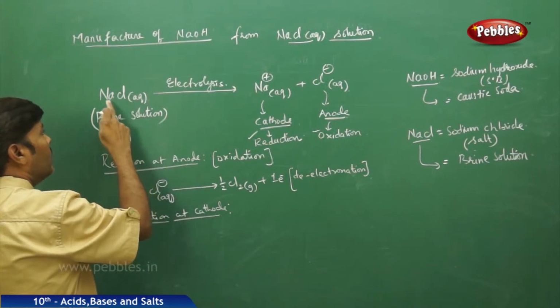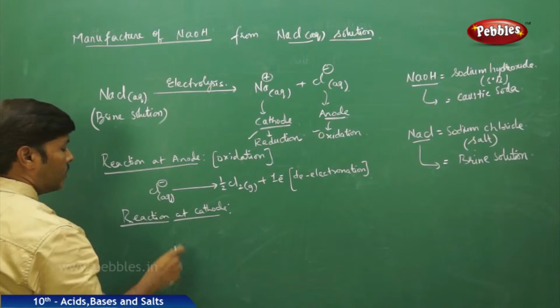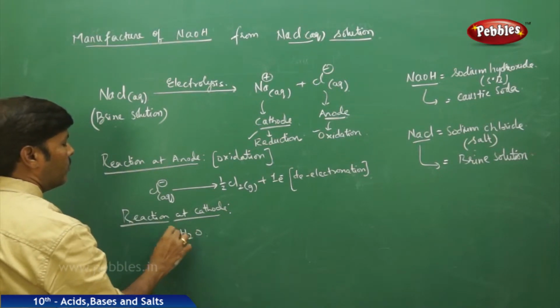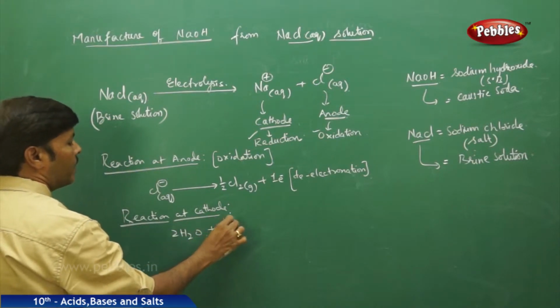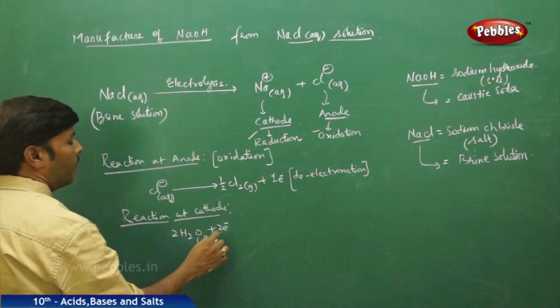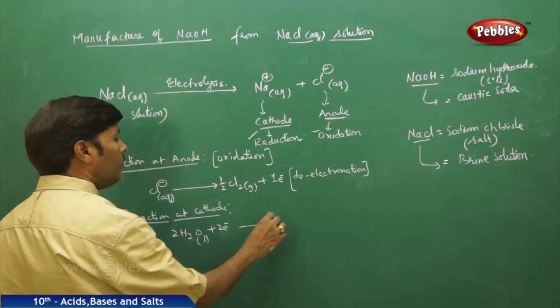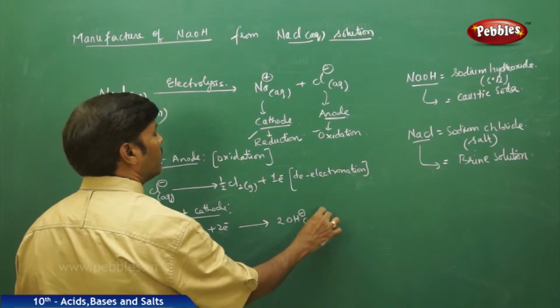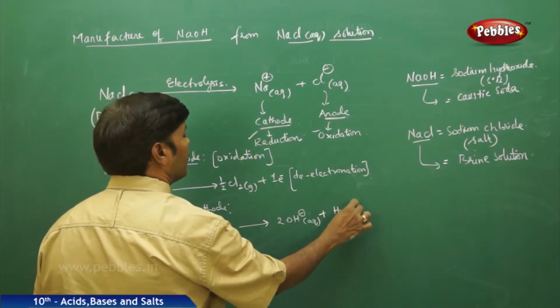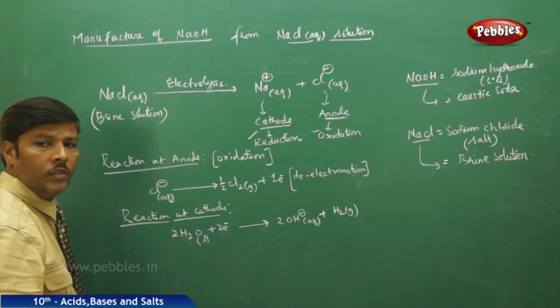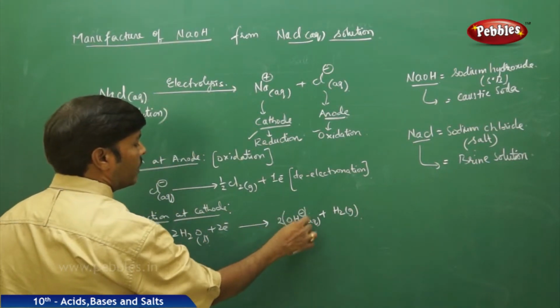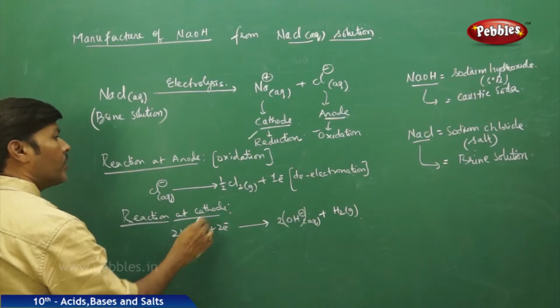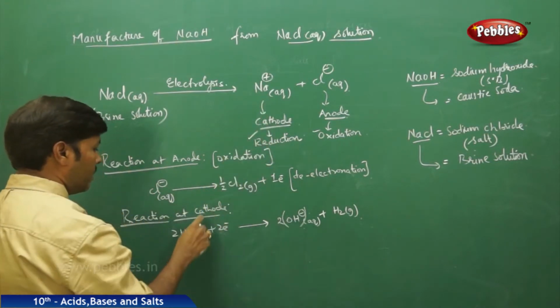Water is the solvent, less of salt, more of water. Two molecules of water gain electrons to give two OH- ions, and H2 gas is liberated. These two OH- ions then interact with the Na+ ions at the same cathode.